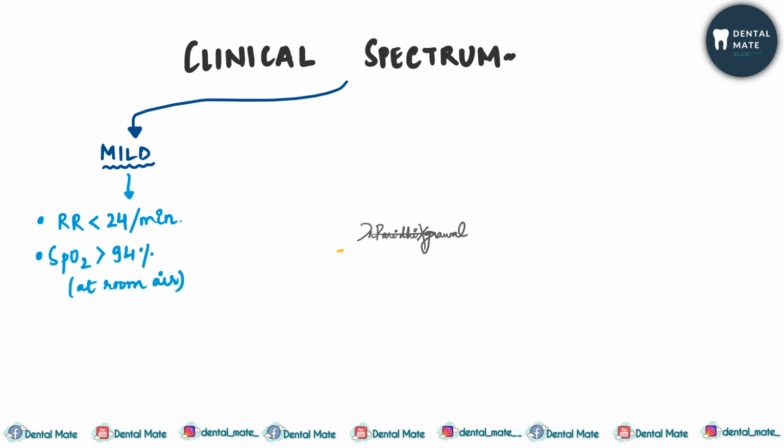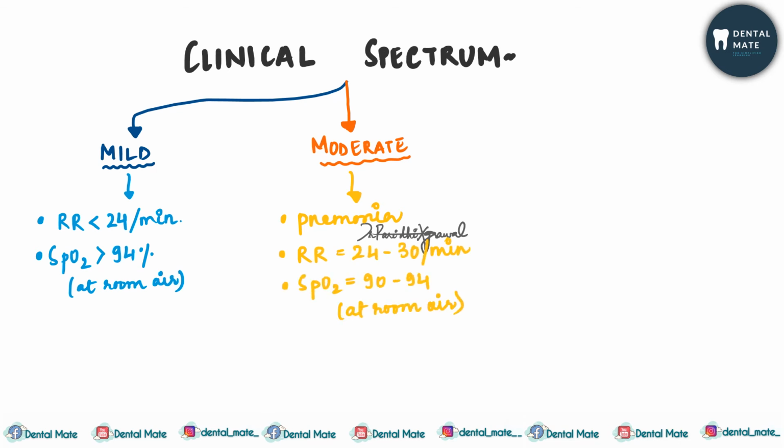The oxygen saturation level is more than 94% at room air. The moderate form has mild to moderate symptoms, but pneumonia is also seen. The respiratory rate is around 24 to 30 per minute, and SpO2 level is between 90 to 94% at room air.